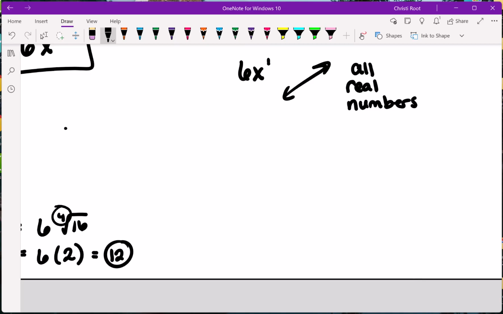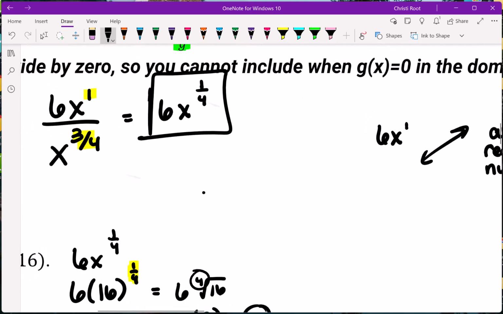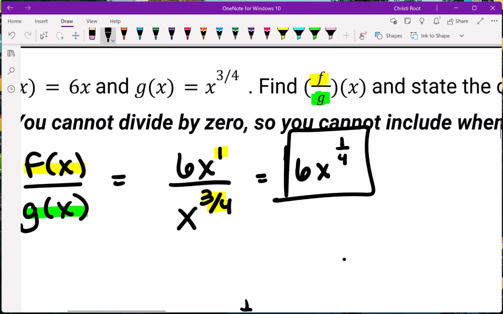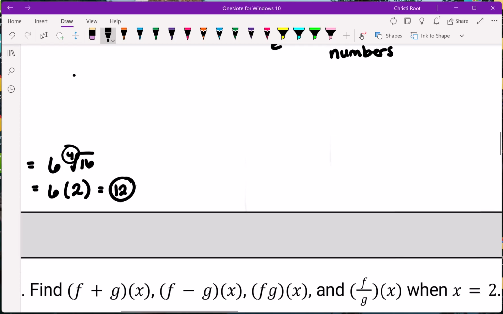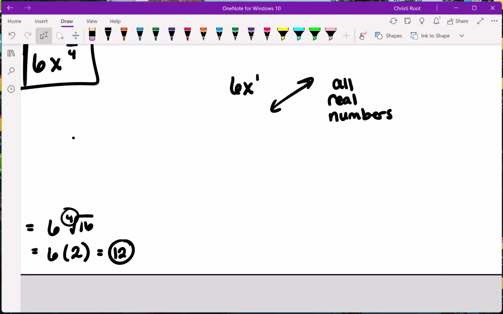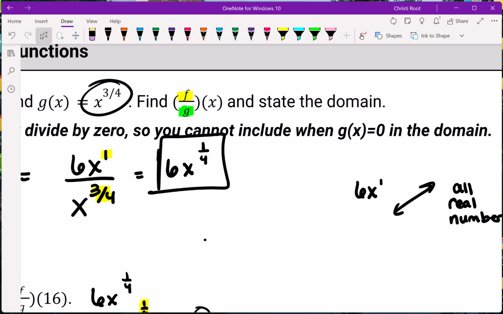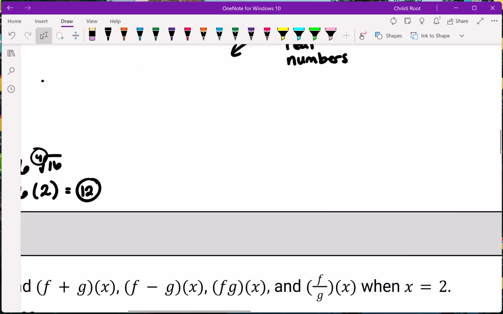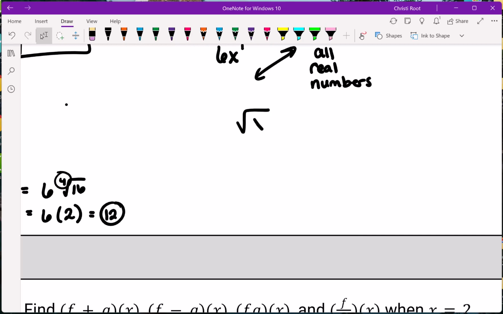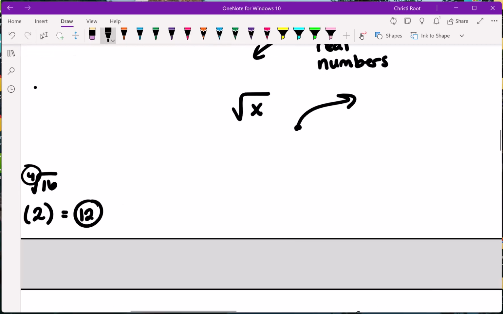Like it'll work, okay? Now, the second one, this one's brand new to you guys. We have not talked about the domain of that one. So remember I told you that the denominator is the root. So that's actually a 4th root. You guys know that the square root of x looks like this, right? Well, guess what?